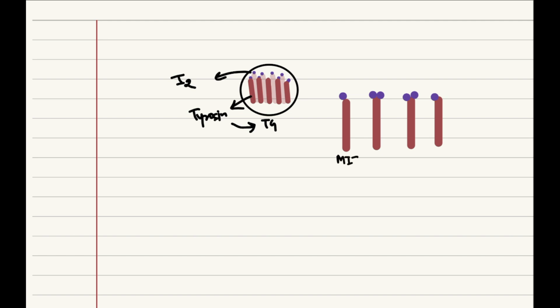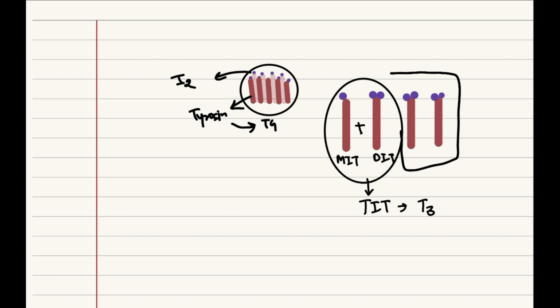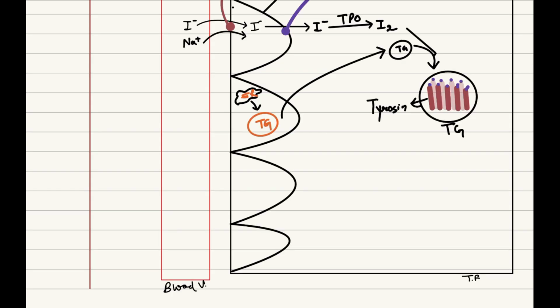So this is monoiodotyrosine, MIT, and this is diiodotyrosine, DIT. Then coupling occurs: one molecule of MIT combines with one molecule of DIT, forming triiodothyronine, which we call T3. Similarly, two molecules of DIT combine to form tetraiodothyronine, which we call T4.